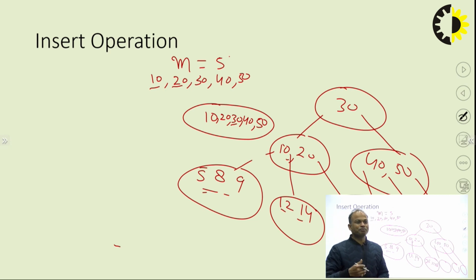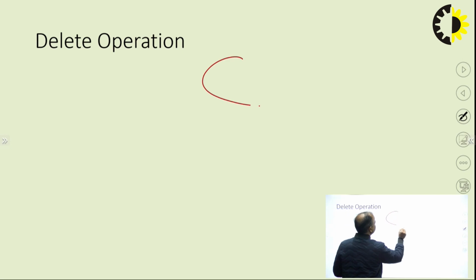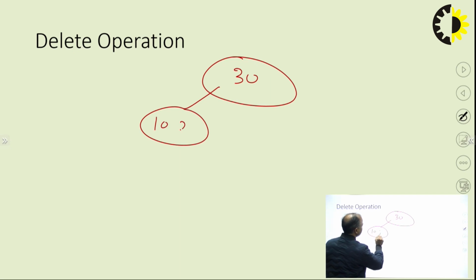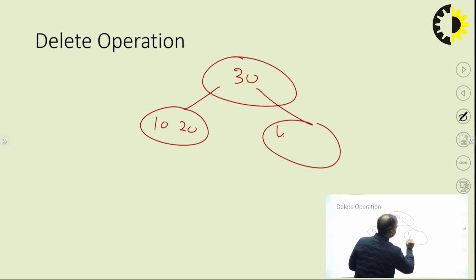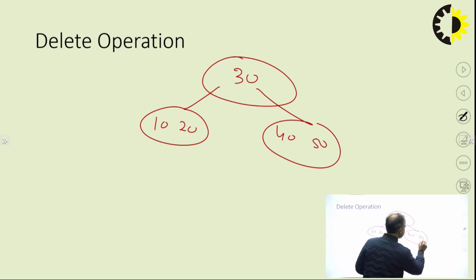Whenever we are creating the B tree, we have to perform insert operations, and insert is possible like this. And when we talk about the delete operation, how can we delete nodes from the B tree? For it, say we have our earlier example, say 30, 10, 20, 40, 50, and say we have one more key, 60, like this.